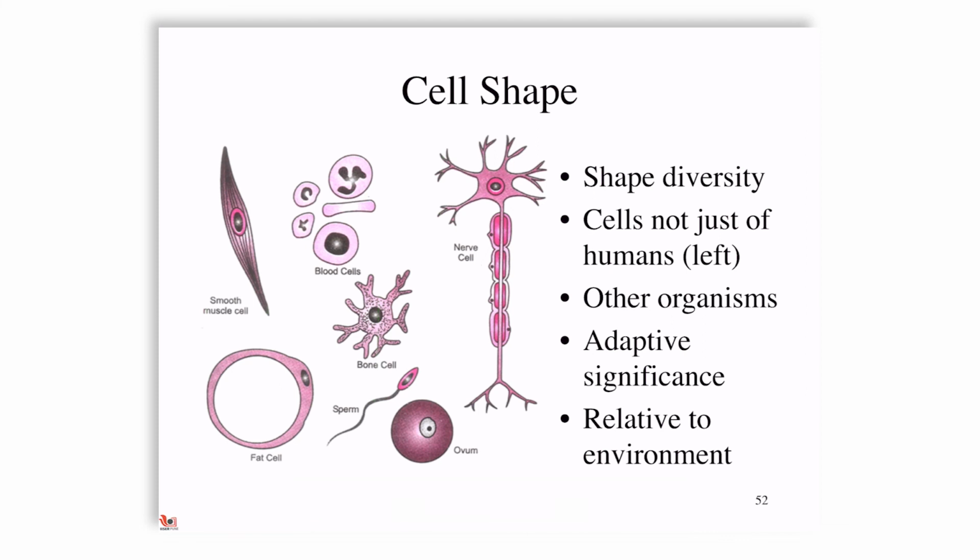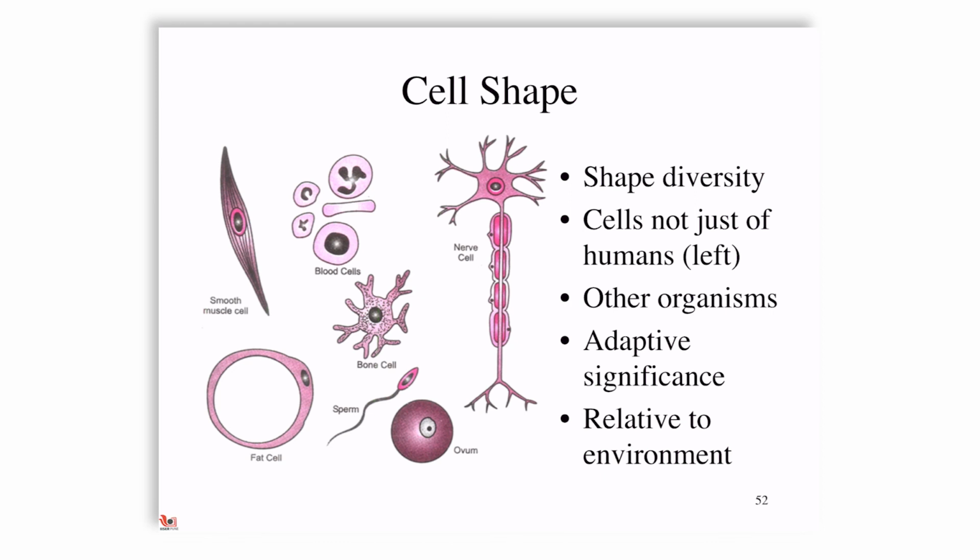So interestingly, while for spherical objects, which is what we did right now for bacteria, we can calculate easily a drag force, for non-spherical objects, things get trickier. And it is important to bear in mind that cell shape is quite diverse. In fact, if you look only at human cell shape diversity over here in this image, you will see a dramatic difference between smooth muscle cells, blood cells, bone cells, sperm cells, fat cells, ova, nerve cells.